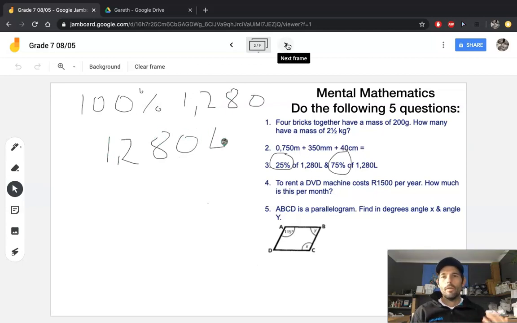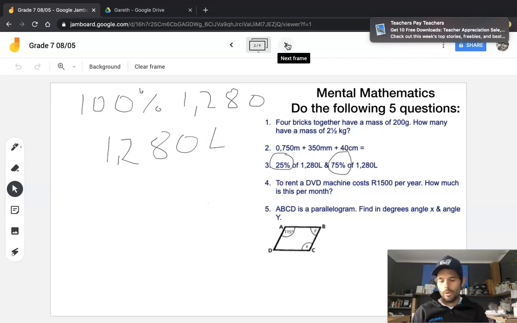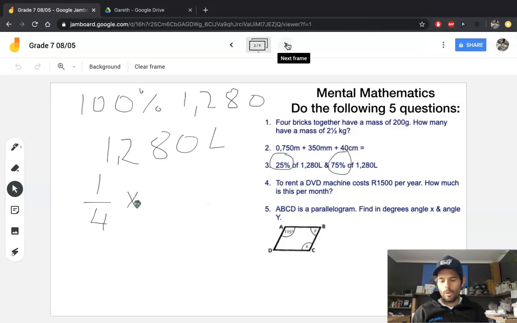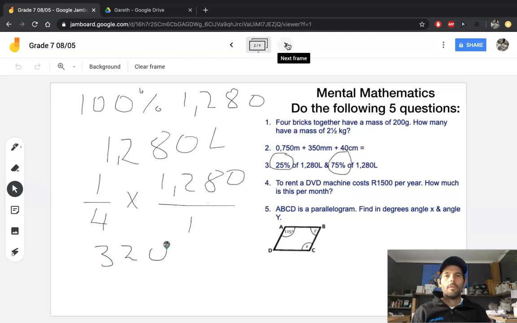Okay. However, if you hadn't recognized that, you should know that 25% is a quarter. So we need to know a quarter of 1,280 liters. And 1,280 divided by 4 is 320. And then for 3 quarters, we will multiply that amount by 3.